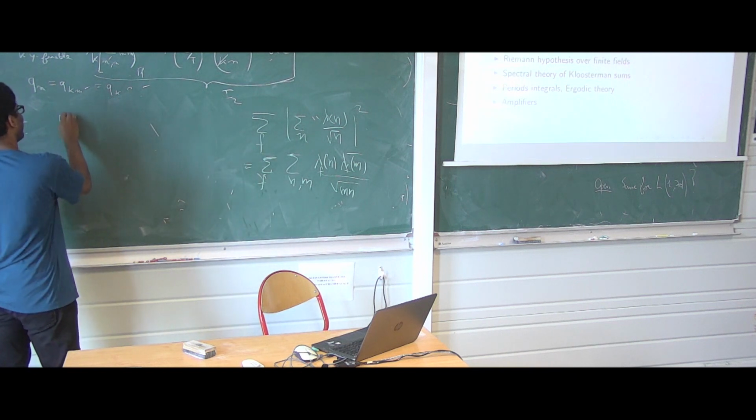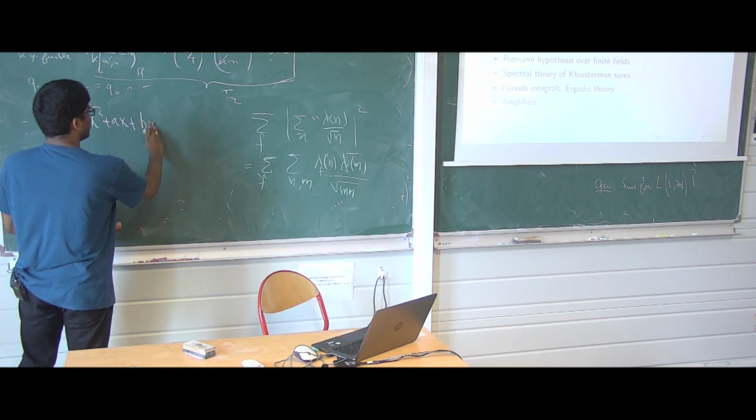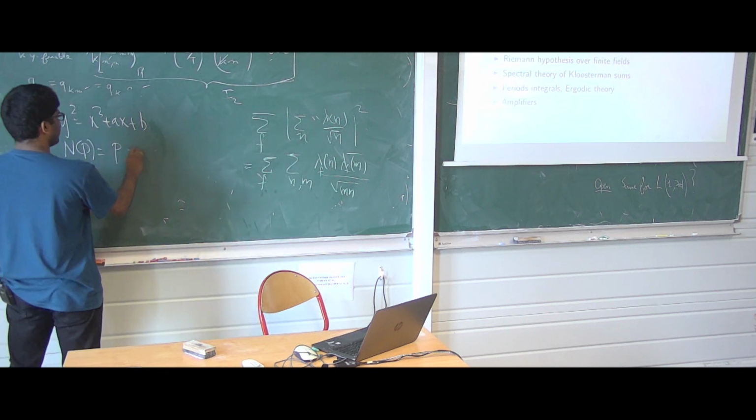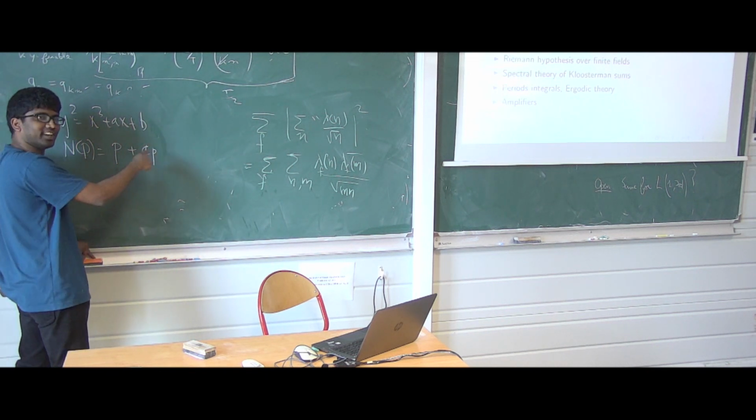for elliptic curves y squared equals, we're counting points N_p. It is p plus a_p. So this p is the main term, and you are interested in this error term.